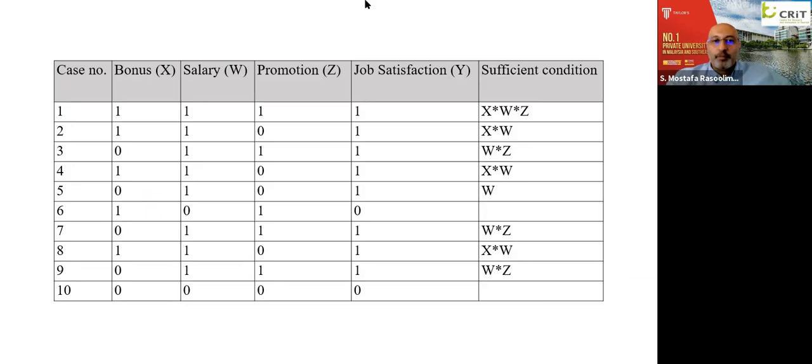For W, for salary, if we look at this table, W is repeated in all cases with a high level of job satisfaction, in only these 10 cases. In these two cases, we have a low level of job satisfaction. But for all eight cases with high satisfaction, you can see W is one of the factors.